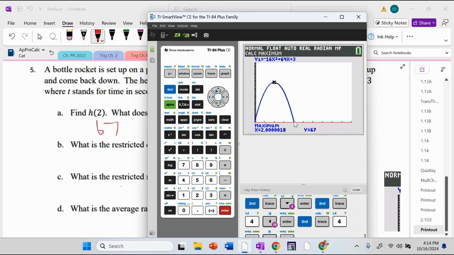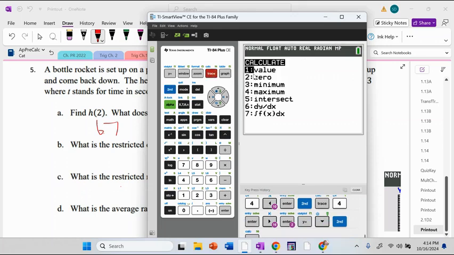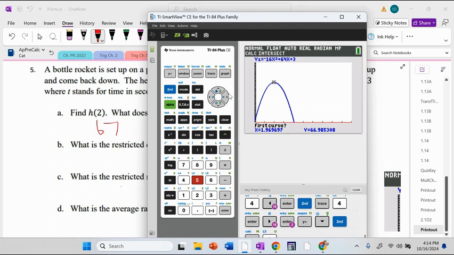Well, I got to find this x-intercept here, or the smart thing like the people from Flip Math do, and I always do, is to put y2 equals 0, and then instead of finding zeros, I can find intersects as long as I have 2 graphs. And I want to go close to where that intersection is. Press enter, press enter, press enter.